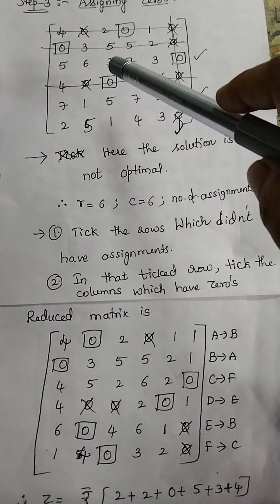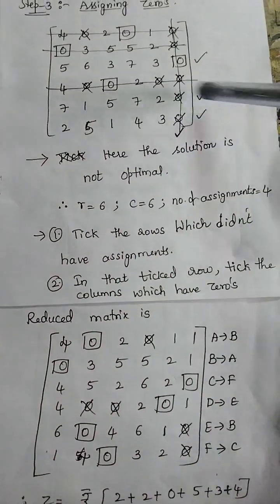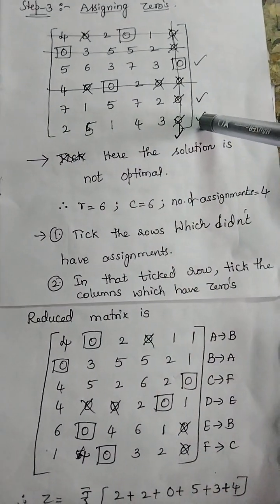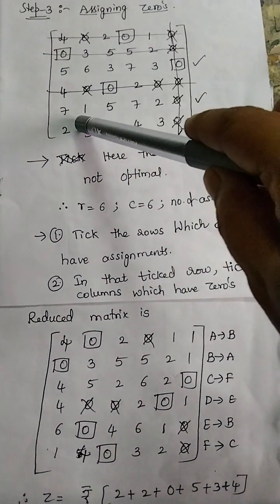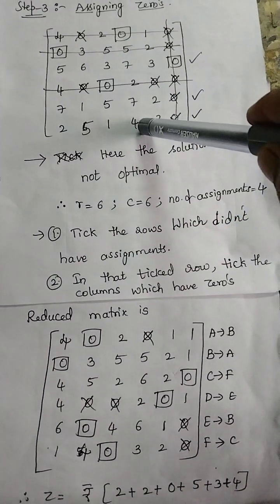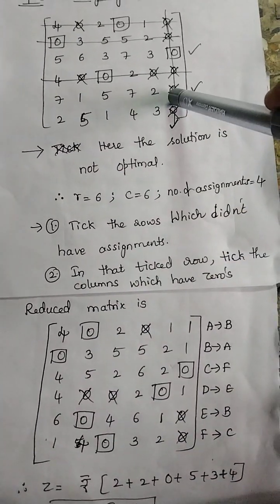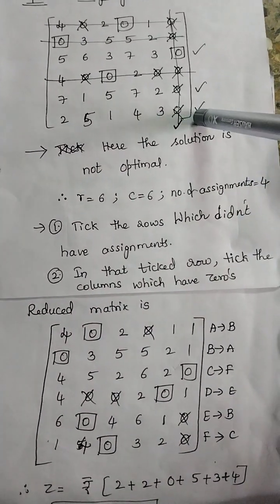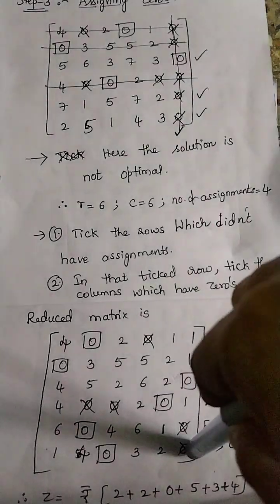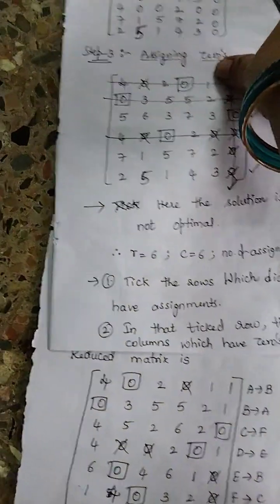Now, in the last row, these are also uncovered elements. So, we are going to do 2 minus 1, 1. 5 minus 1, 4. 1 minus 1, 0. 4 minus 1, 3. 3 minus 1, 2. And 0 as it is you are going to write, because it is covered by lines. So, now you got the reduced matrix.